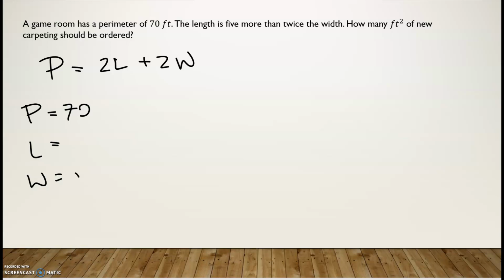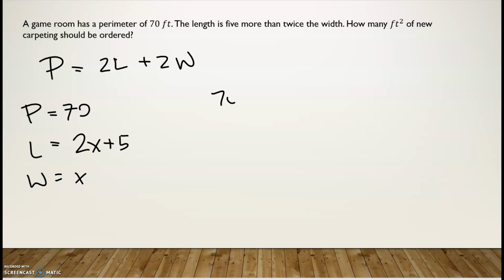I'm going to let width be x. Five more, so that's going to be a plus 5, then twice the width, so 2 times the width. But we said the width is going to be x, so this is going to be 2x. So twice the width and then adding 5.